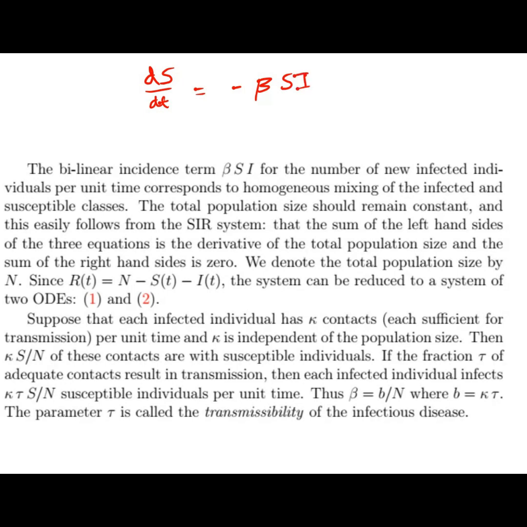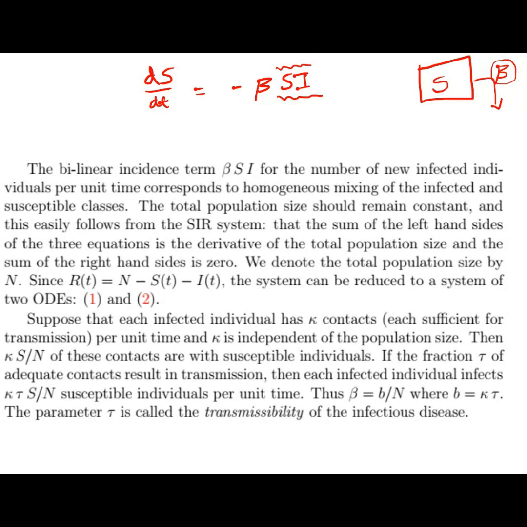So we are simply saying that if you are in compartment S, the compartment for the susceptible, you are going to leave this compartment at a rate beta, because this is the rate at which the people that are susceptible meet the infected, which is SI there, and actually get infected.